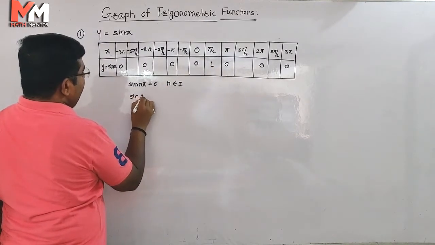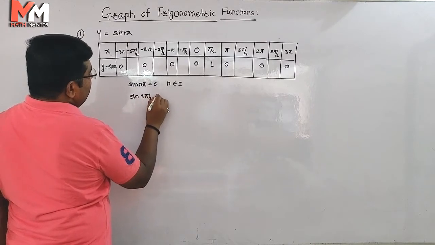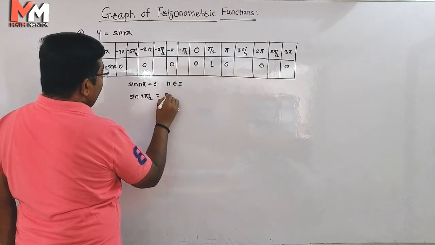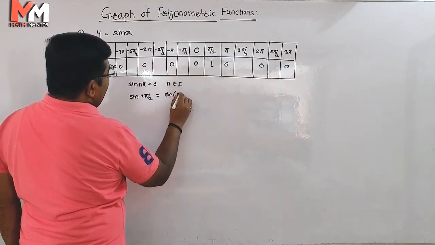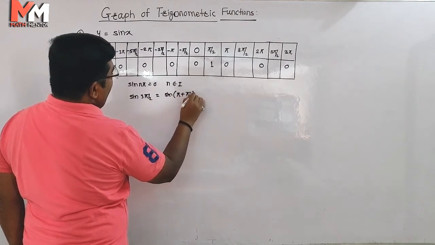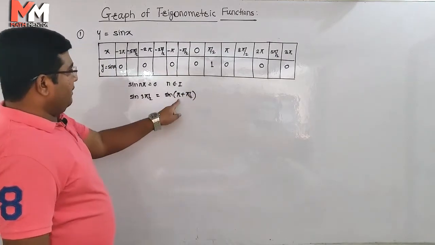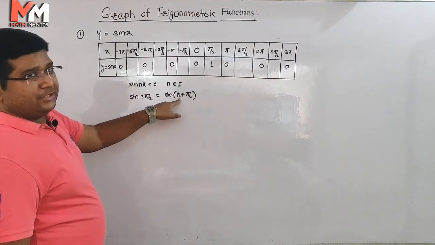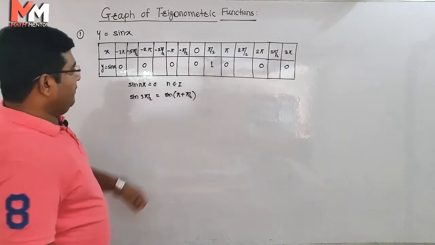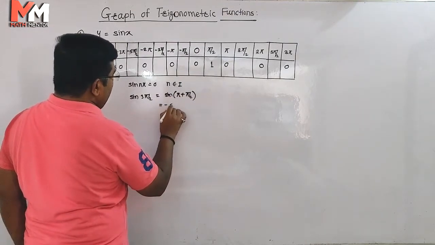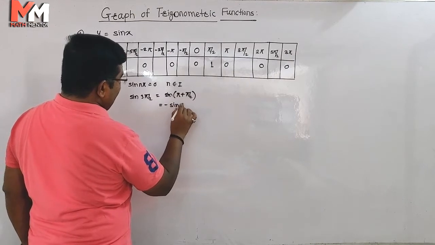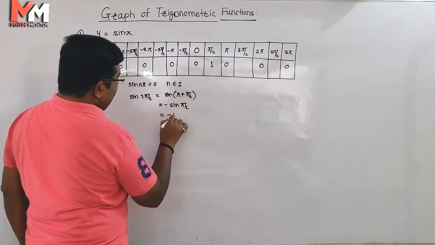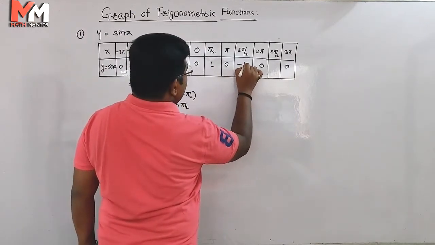Now sin 3 pi by 2, what will we do? Sin of pi plus pi by 2. In the third quadrant sign is negative, so it is minus sin pi by 2, so it is minus 1. So this value becomes minus 1.